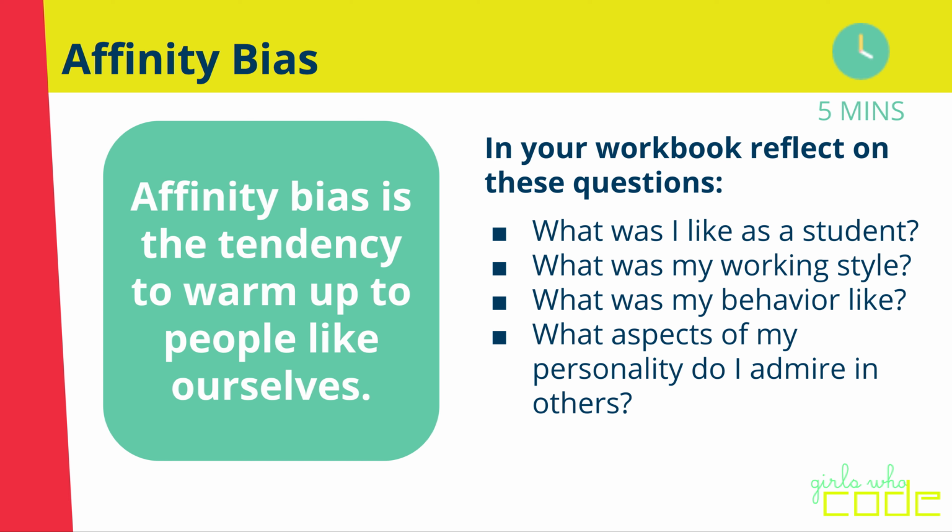What was your working style? What was your behavior like? What aspects of your personality do you admire in others? Everyone is going to answer these questions differently, and here we're trying to understand ourselves because we have a tendency to like other people like ourselves. So take about 5 minutes to reflect before you come back. And go ahead and pause the video.